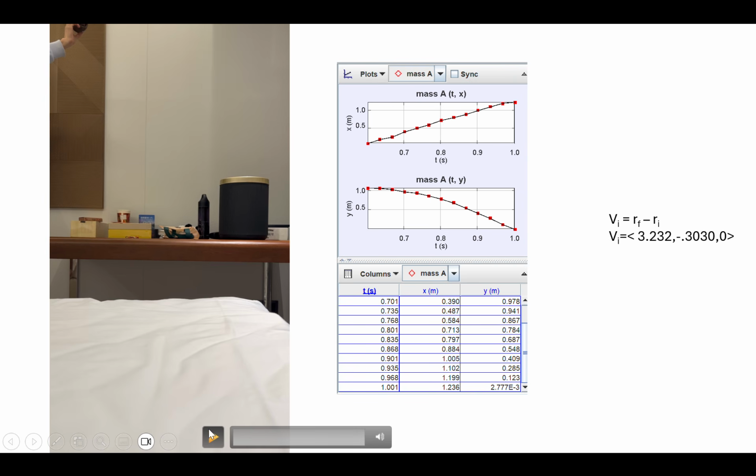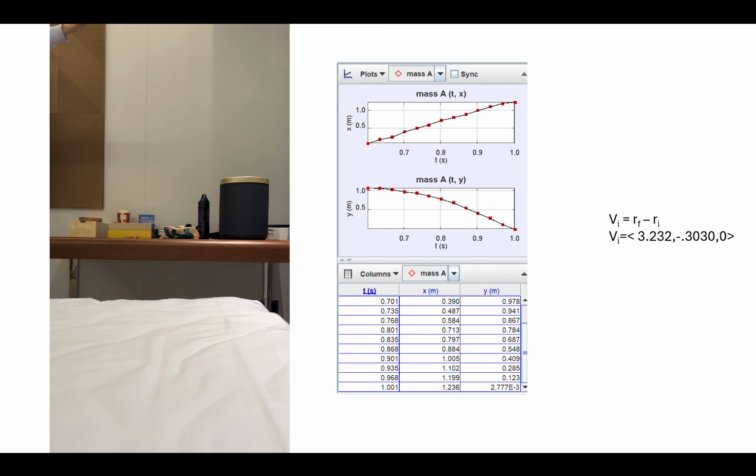So this is my video, and some analysis about this. In order to find velocity, you must do final position minus initial position, divided by time.